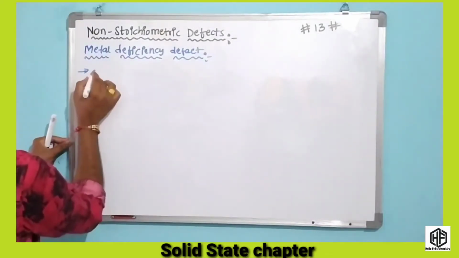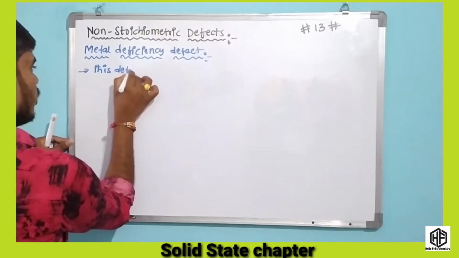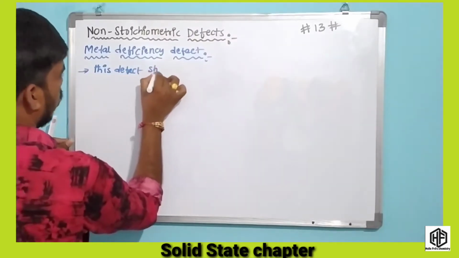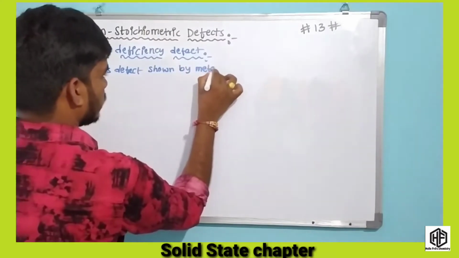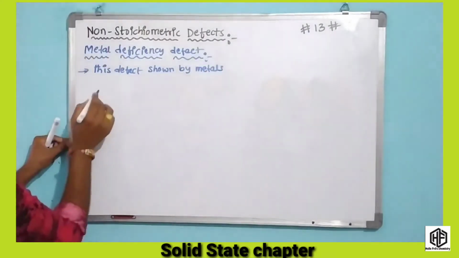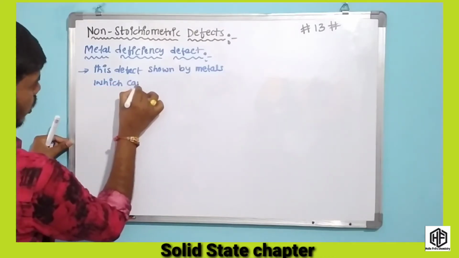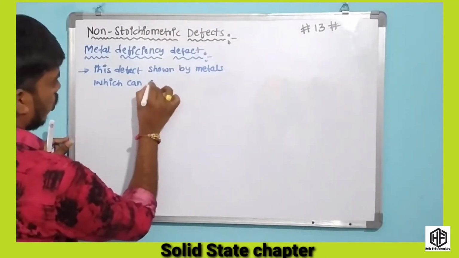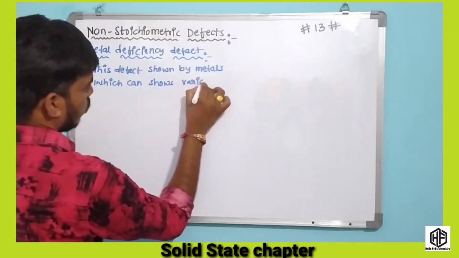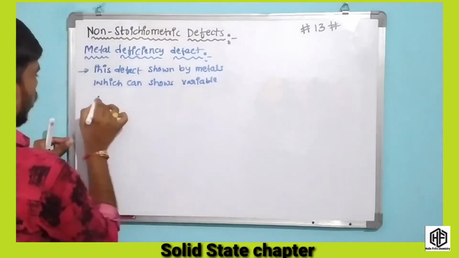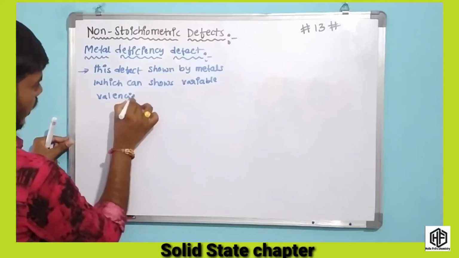Friends, this defect is shown by metals which can show variable valencies.